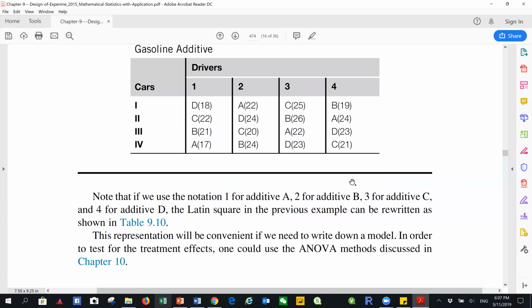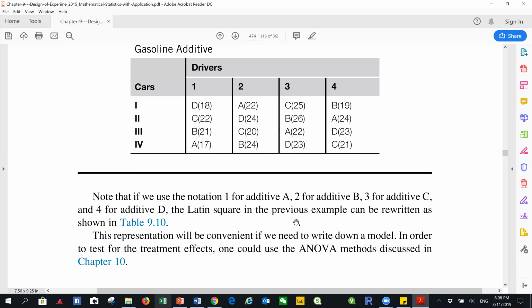Okay, so how do you compare? You will compare all the D's, take the average of the D's, right, and then take the average of all the C's, and then the B's, and then the A's.